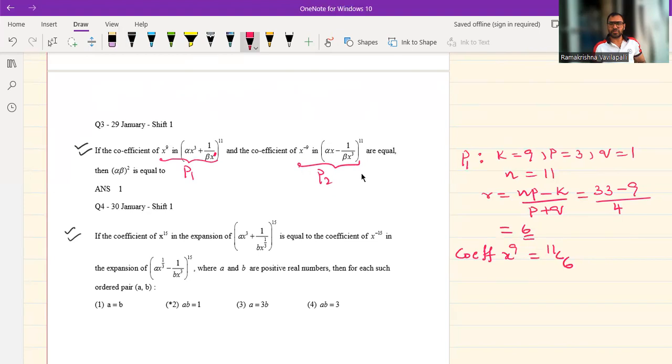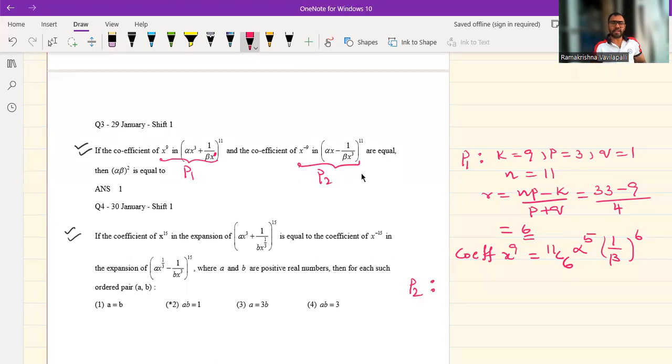Alpha. So you can write alpha power 11 minus 6, which is 5. And the other coefficient is 1 by beta. We need to take only the coefficient of x power 9. Right. 1 by beta whole to the power of 6. This is part 1.